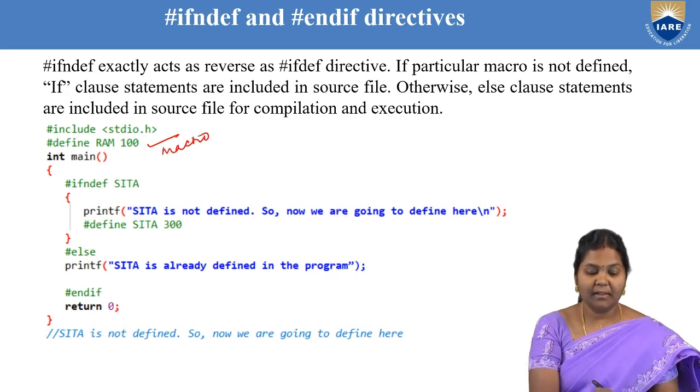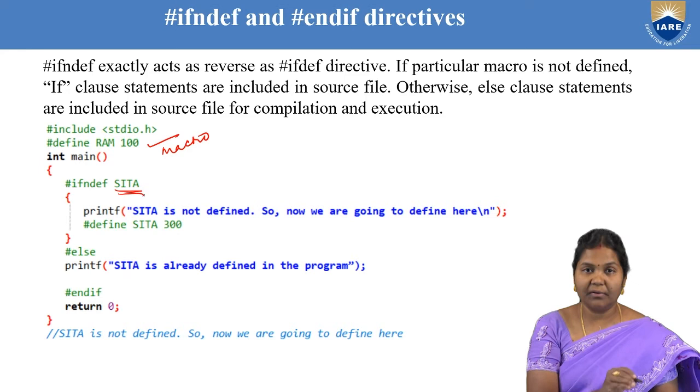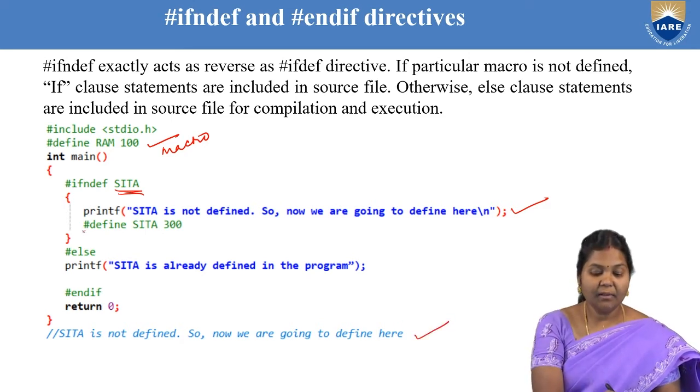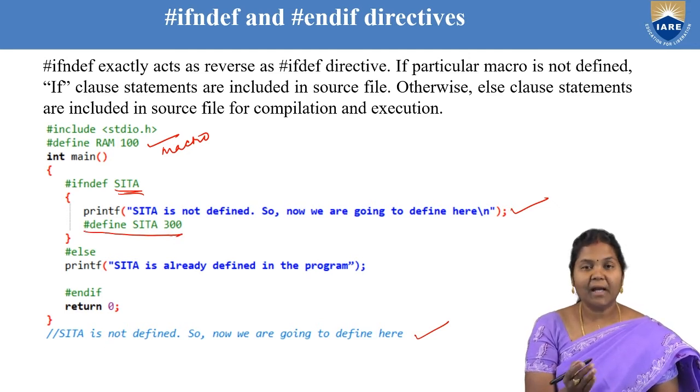RAM is there already. Now, we are checking in the main function #ifndef Sita. That means if Sita is not defined, then this printf will be executed. Sita is not defined, so this printf has executed in the output. You can see over here. And then we again define Sita with 300. Yes, you can define. #define directives can be used anywhere in the program, but it is just a convention that it is always better to write them at the beginning.